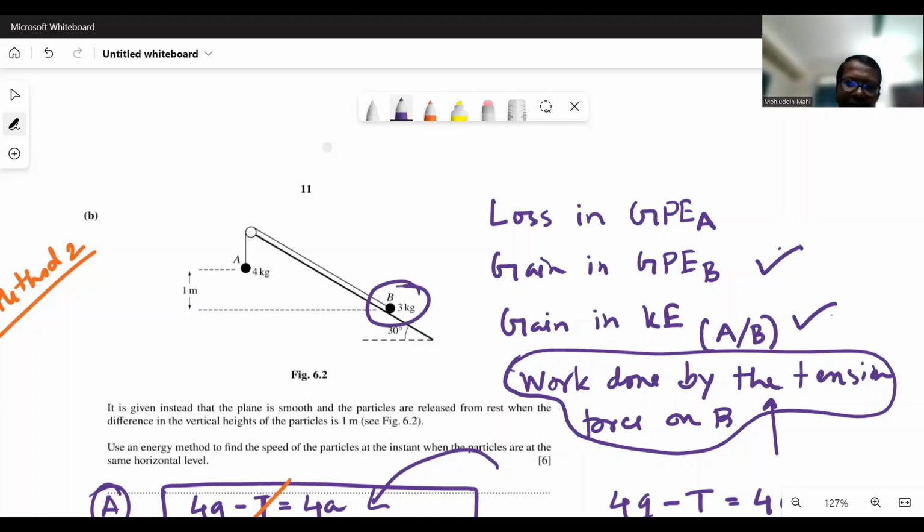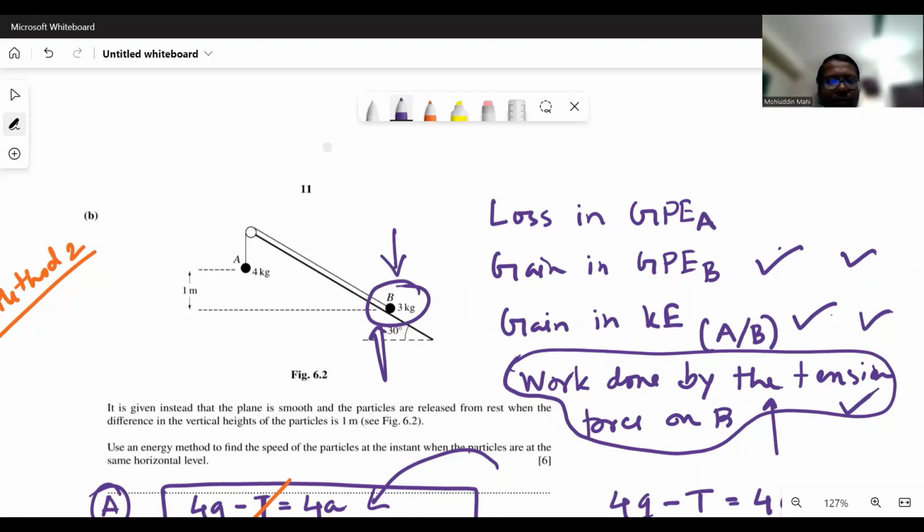I'm repeating it again. When in the energy method equation you are considering work done by the tension force on B, you cannot consider gain in gravitational potential energy of B and also gain in kinetic energy of B, because this is the tension which is making it possible. So if you consider those three things, you are overestimating the energy changes of B.